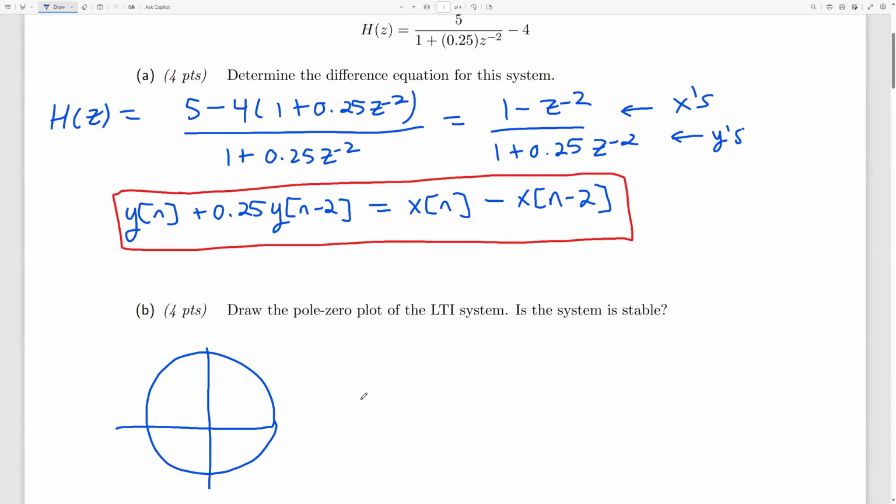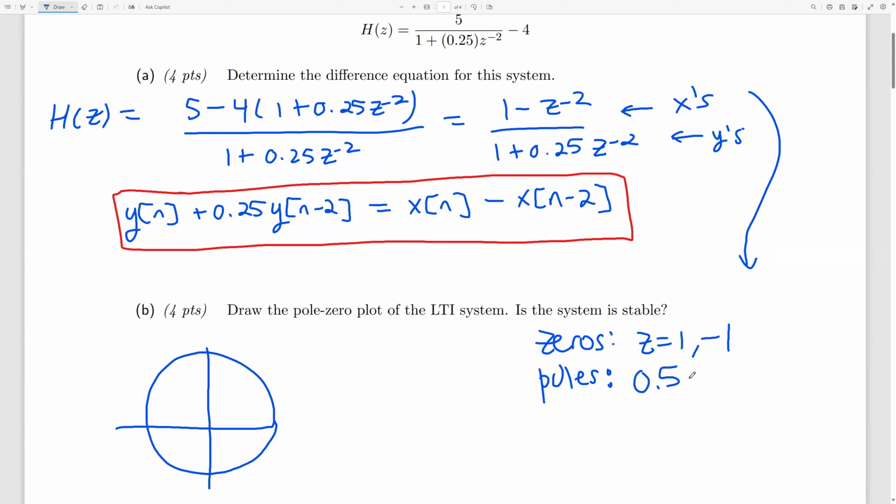And the first thing you do is figure out its zeros and poles. So this is related to what you have above here. And you can see that your zeros are obviously at z equals 1 and negative 1 to solve that problem on the numerator. And then your poles are where the denominator equals 0. So it's equivalent to asking when is z to negative 2 equals negative 0.25, and you'll get that it'll be the square root of 1/4, and you'll get that'll be 0.5j.